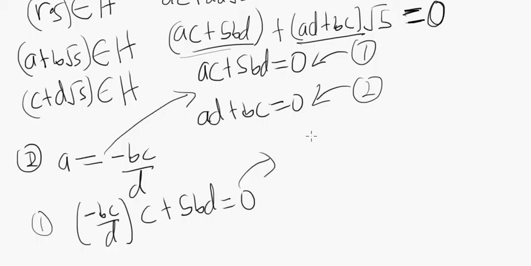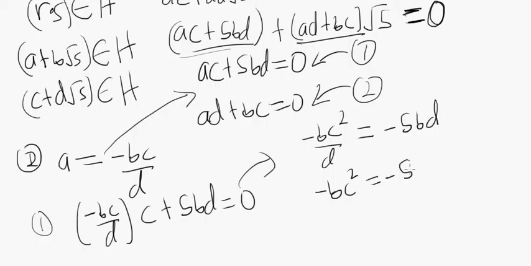Simplifying further, we now end up with minus BC squared over D equals minus 5BD, which would then mean that minus BC squared equals minus 5BD squared. And so from here we can cancel the B's out and the negatives, so we really have that C squared equals 5D squared.